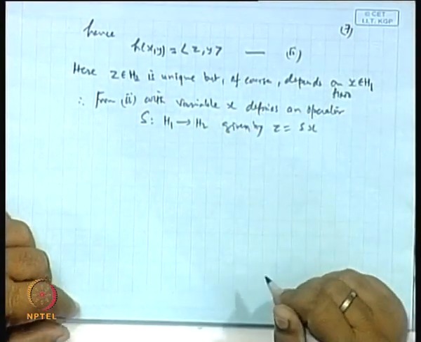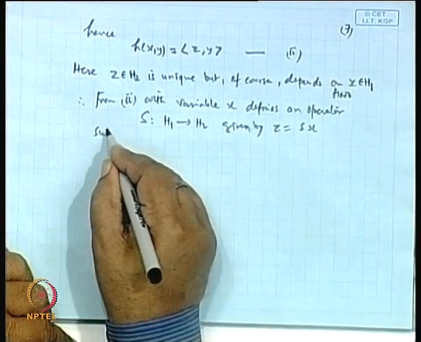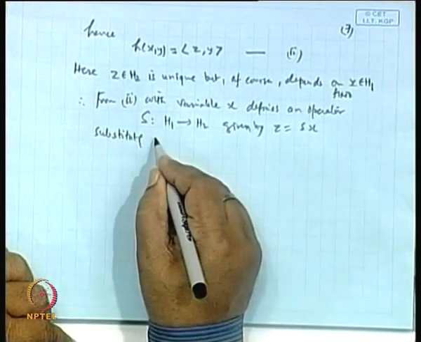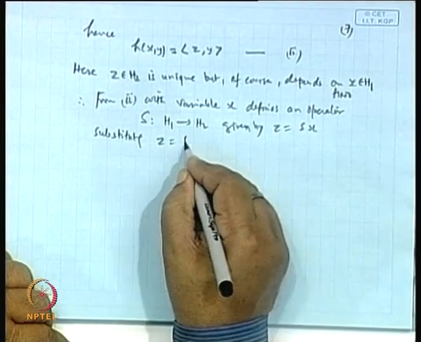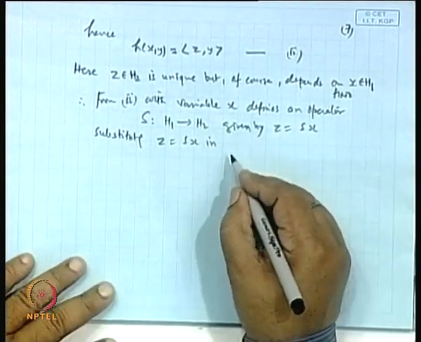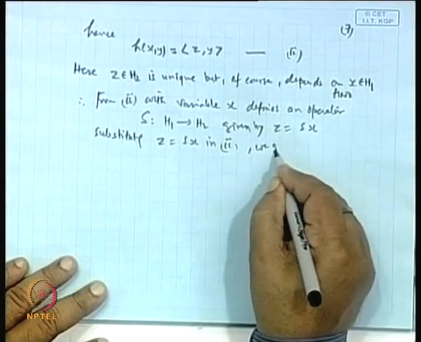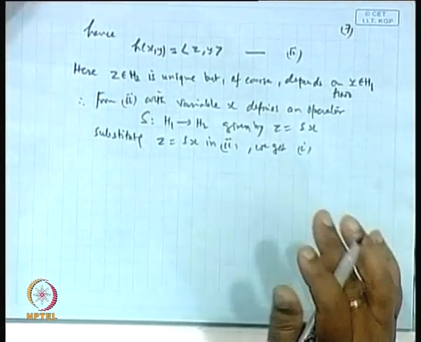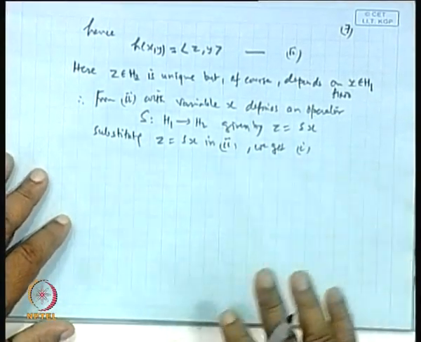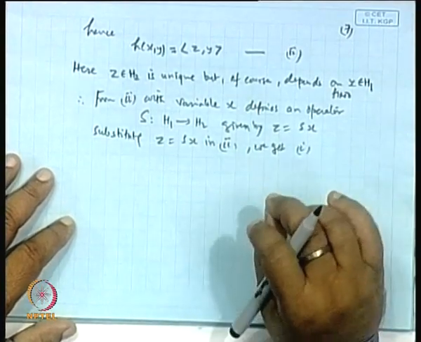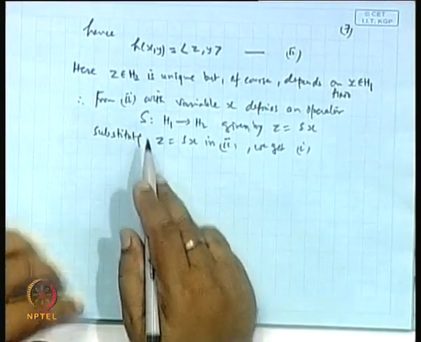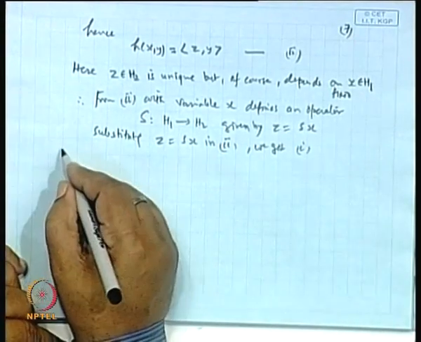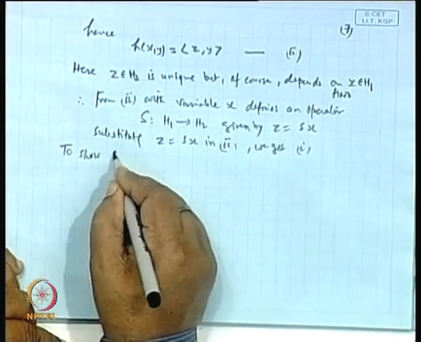Substituting z equal to S x in (i), we get our first representation. So, the representation that we have obtained proves the existence of S from H1 to H2, which will give the corresponding H. Okay. Now, once the existence of S is established, we will prove S is linear and bounded. So, to show S is linear.